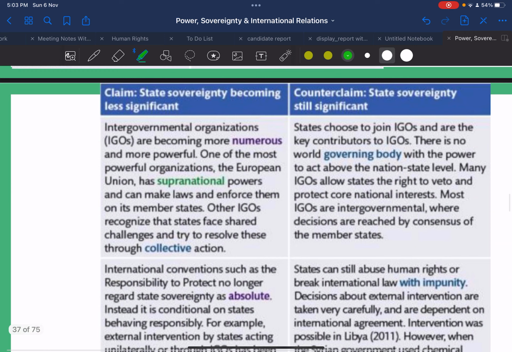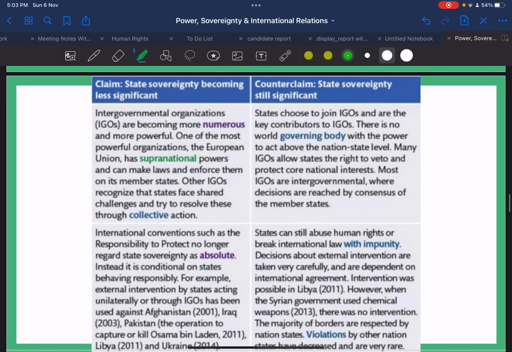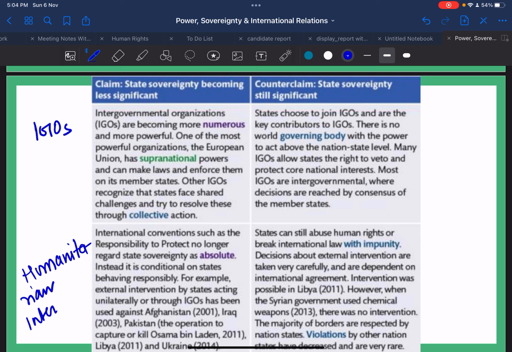Then on the next page you have these two sets, right? This one is on IGOs and this one is on humanitarian intervention. Okay, let's see what it says.